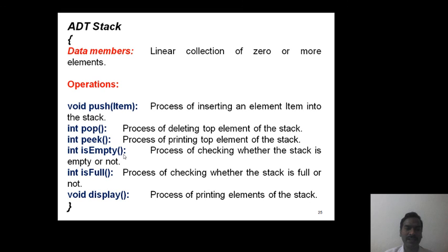The isEmpty operation refers to the process of checking whether the stack is empty or not. The isFull operation refers to the process of checking whether the stack is full or not. And finally, the display operation refers to the process of printing the elements of the stack. This is the ADT stack.